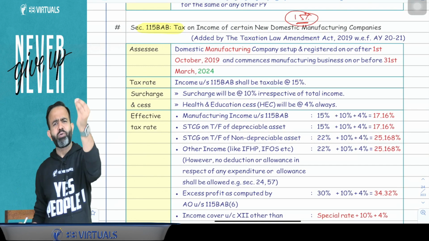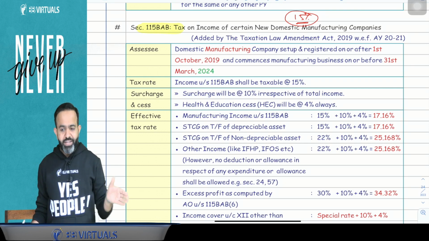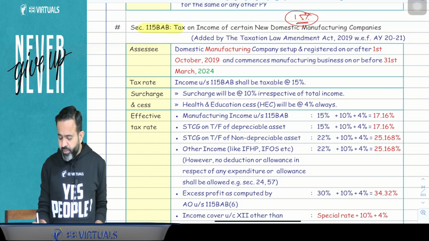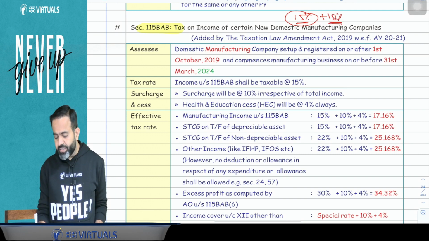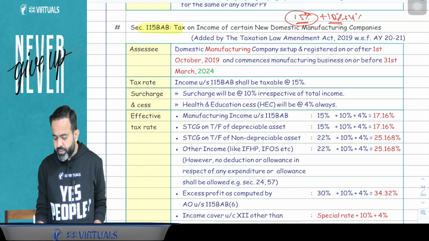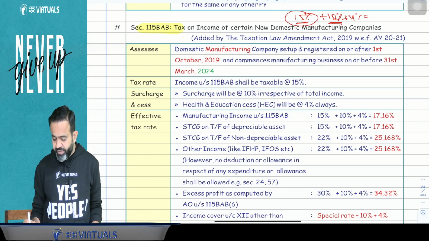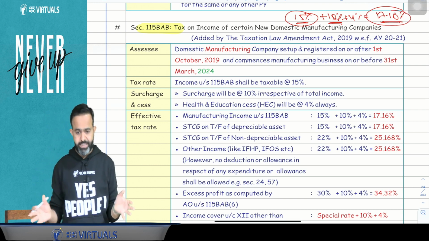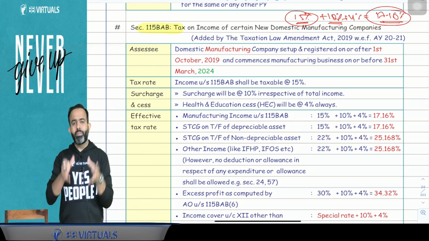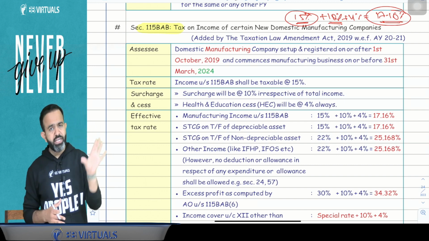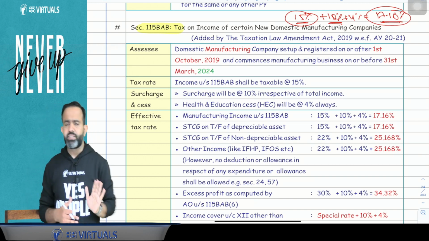Now the question is, sir, is 15% the effective rate? The answer is no. To the 15% you have to add surcharge at the rate of 10% always, like 115BAA. You have to add the 4% health and education cess. So effectively your tax rate will be 17.16%. So in the case of a new domestic manufacturing company, your tax rate will effectively be 17.16%, or I can say that 15% is the tax rate.